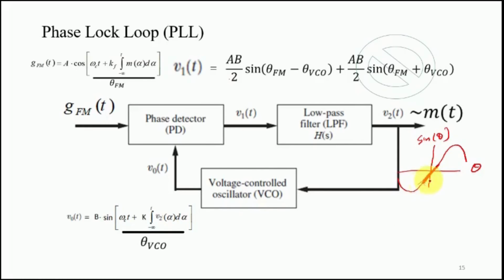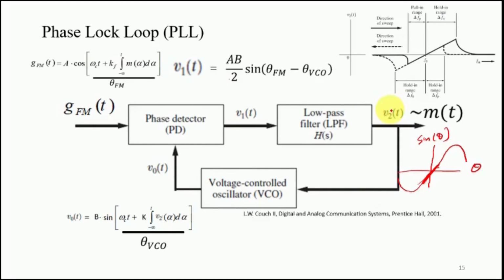So this behavior would track the message signal from the incoming frequency modulated signal. That's why I have expressed v2 of t, which is related to m of t. So v2 of t, whatever it is, would be fed to the VCO and this would try to track the incoming frequency modulated signal, and then that would be replicated as error, which is v1 of t, and we have a feedback loop system.